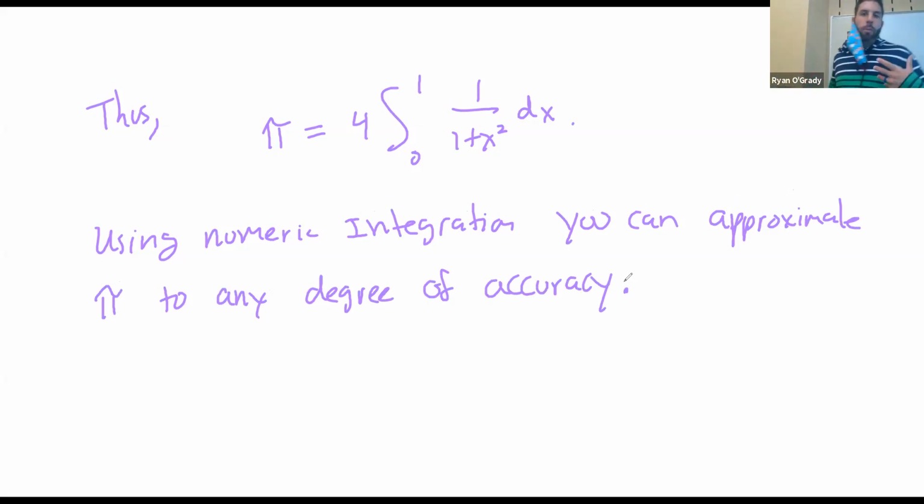It's hard for you to appreciate this being a Calc 2 student, but this is a big deal. I encourage you to think about what is the definition of pi. Every definition that you've learned about pi since you were a child had to do with the ratio of the circumference to the diameter of a circle.